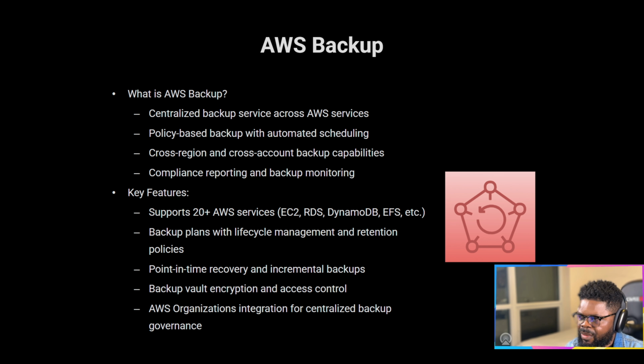You can do backup vaults, encryption, and access control. And then you can integrate it with AWS Organizations for centralized backup governance. With AWS Organizations, everything we'll be doing is at the account level, but when we start introducing AWS Organizations, you can do a lot of these things at a centralized layer.